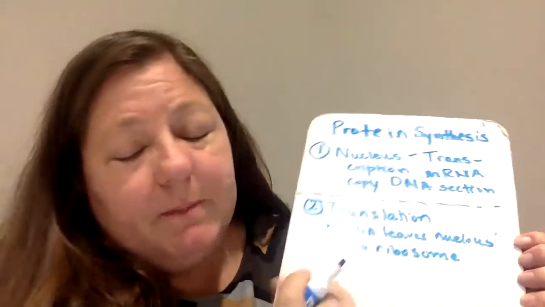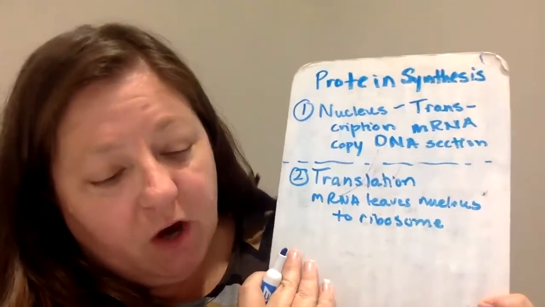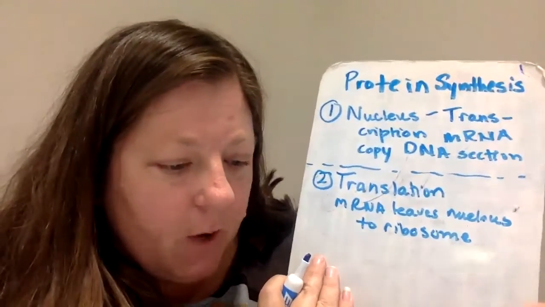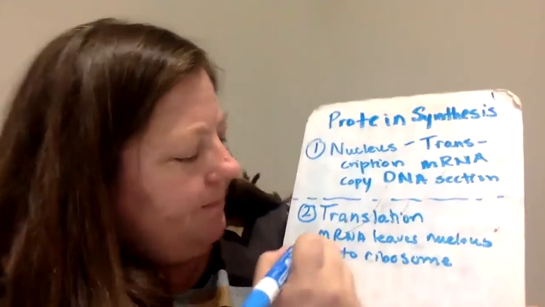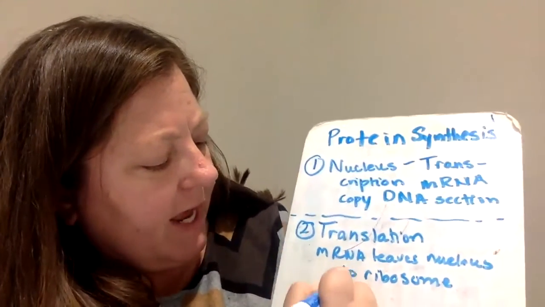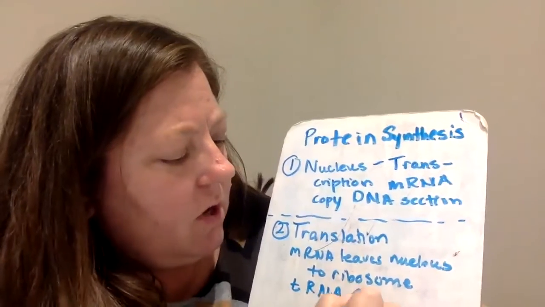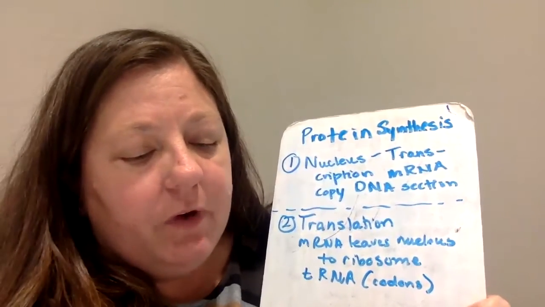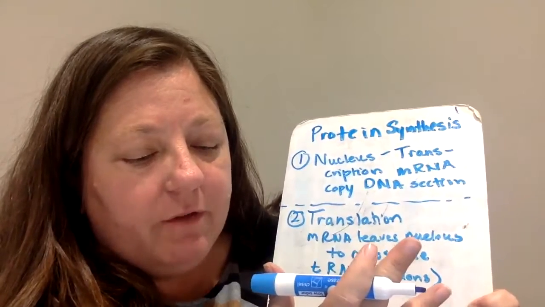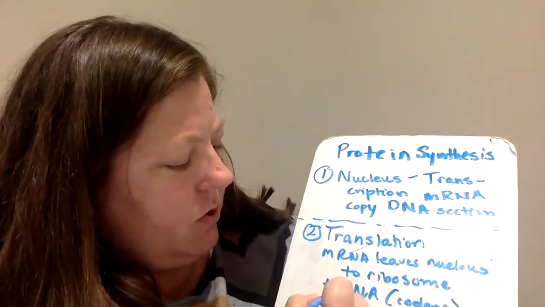And that ribosome can be floating in the cell, or it could be on the rough ER inside the cell. Once it's there at the ribosome, the transfer RNA, tRNA, which uses codons, will come from the outside of the ribosome and grab the mRNA as it enters.